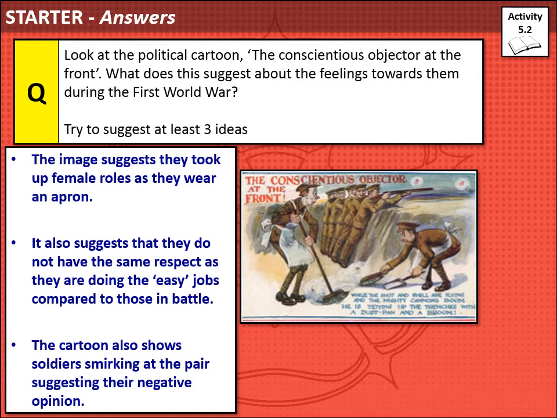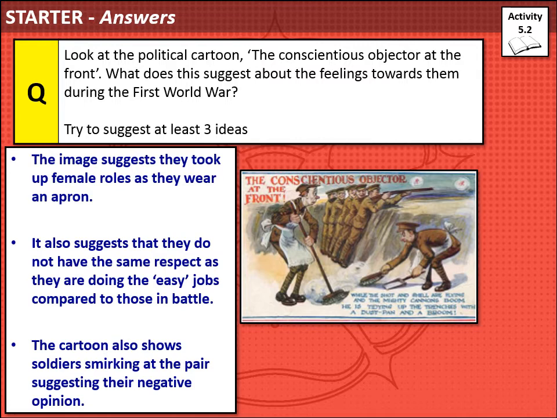This was a time where the traditional female role was considered a stay-at-home housewife, cleaning up, looking after the children. And this is how these conscientious objectors are being portrayed in this cartoon.